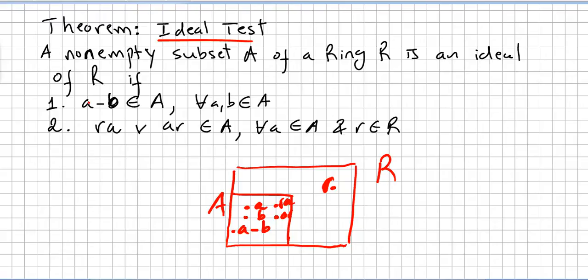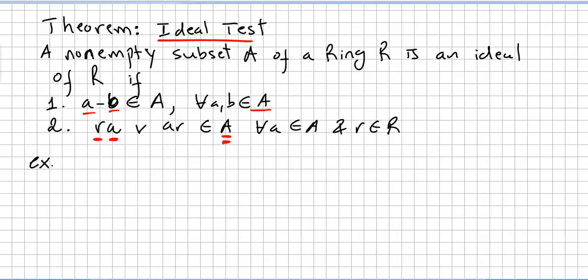So if the subtraction is in the subring, and if the product of an element from the subring times an element in the ring is in the subring, then A will be an ideal.